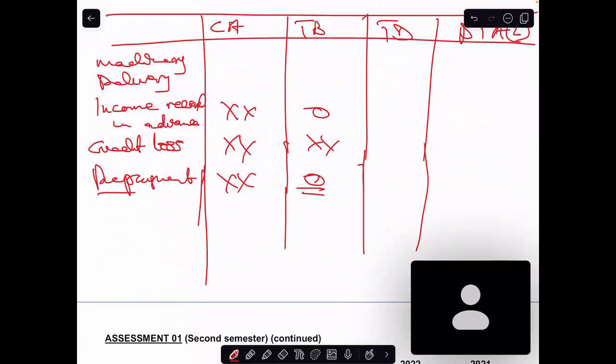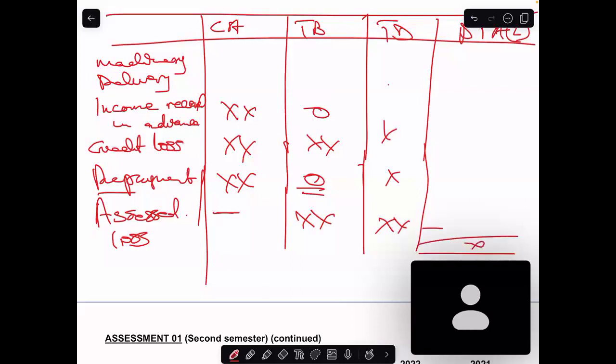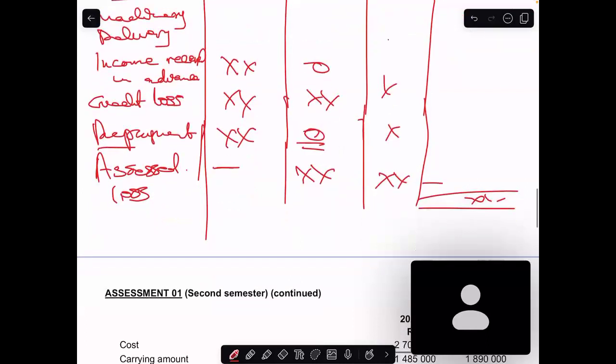Right, then again, we have what is called assessed loss. An assessed loss is a tax concept. So the carrying amount of assessed loss is always going to be 0, but the tax base will be the amount of assessed loss, giving us a temporal difference, which will give rise to a deferred tax asset.